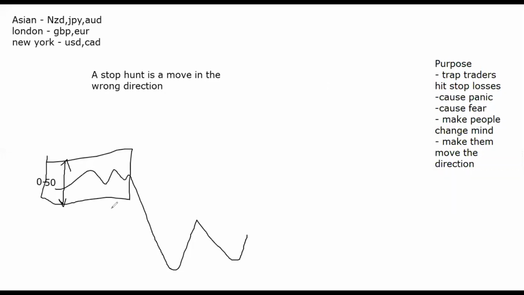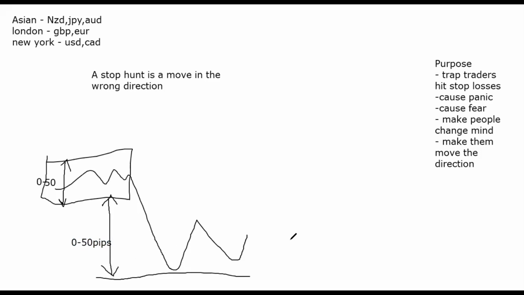So we are saying from the end of the Asian box up to where the stop hunt ended, we expect at most 0 to 50 pips. These are the number of pips that we expect to say we have a perfect stop hunt and a perfect Asian box.